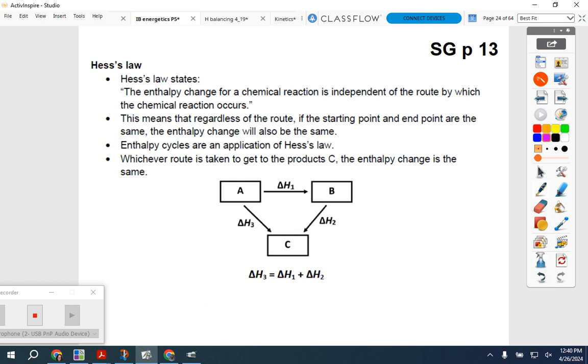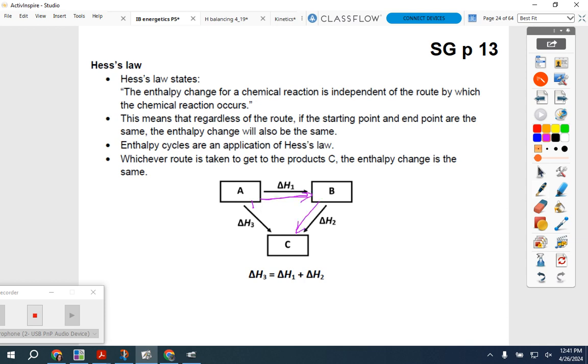Hess's law says that the enthalpy change is independent of the route by which the reaction occurs. So if we know the change in enthalpy going from A to B, and from B to C, but we do not know it going directly from A to C, we can use what we know to calculate what we don't. Instead of going directly, I take this route and then this route.